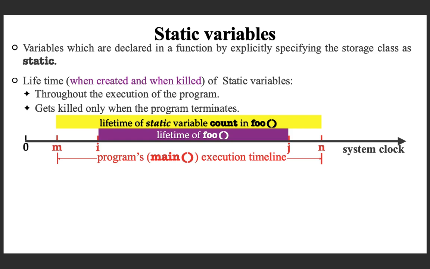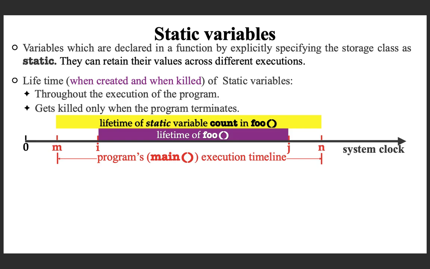Between the execution of two instances also that particular variable is active, and hence they can retain their values across different executions. For static variables, each instance does not have separate variables. The same variable is shared among all executions of a function. So these are static variables.